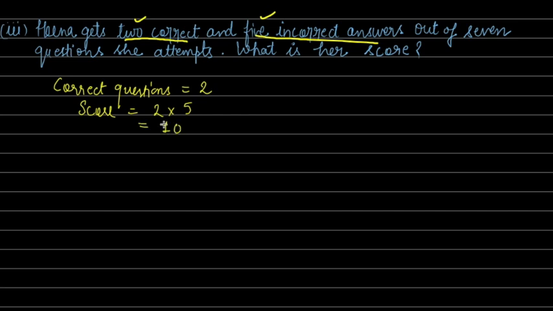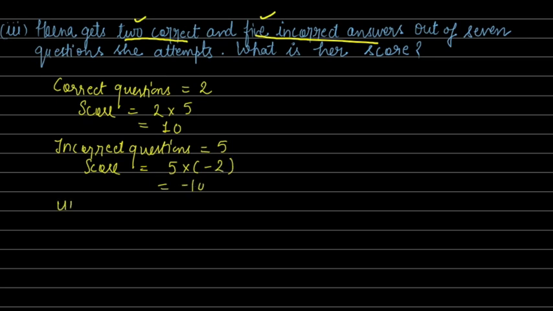So first part. Now 5 incorrect. So incorrect questions, how many? 5. Right? What will be her score for this? 5 into minus 2, which gives you minus 10.